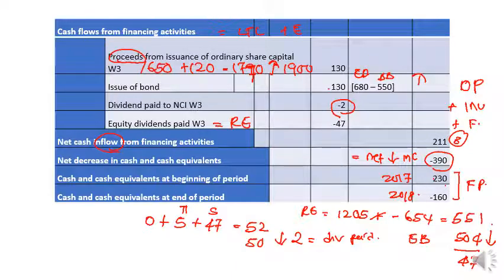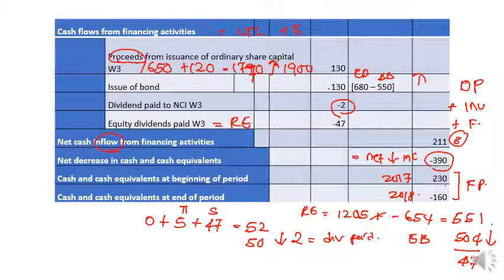The beginning balance for the RE is 1205. Then, instead of plus a profit, in this case you have a loss, so we need to minus 654, and the amount here will be 551. 551 is your beginning balance, compared with the ending balance of 504.